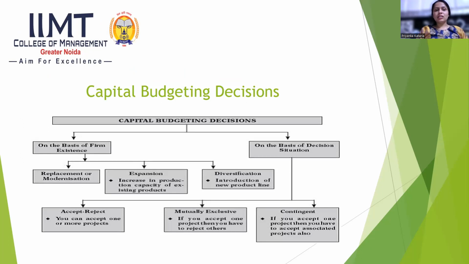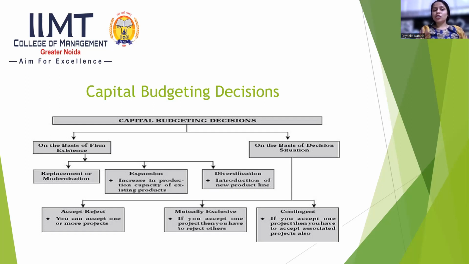So next, what are the capital budgeting decisions? There are two types of capital budgeting decisions. Firstly, on the basis of the firm's existence, and second, on the basis of decision situation. On the basis of the firm's existence, it may be replacement or modernization of the asset.